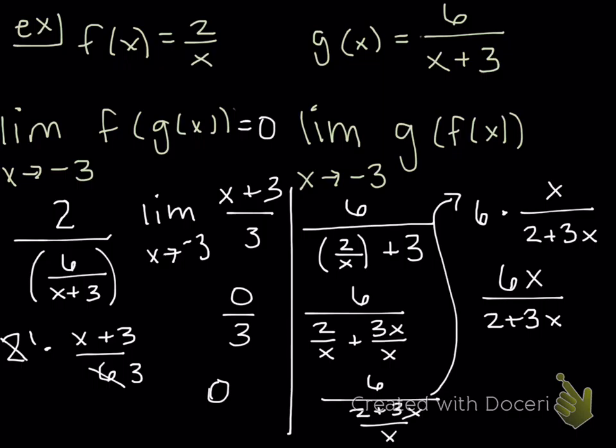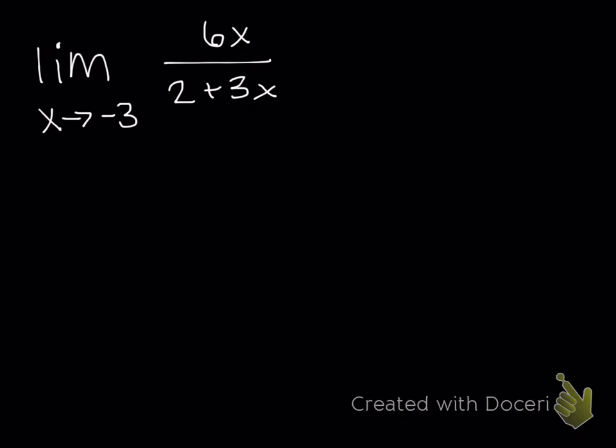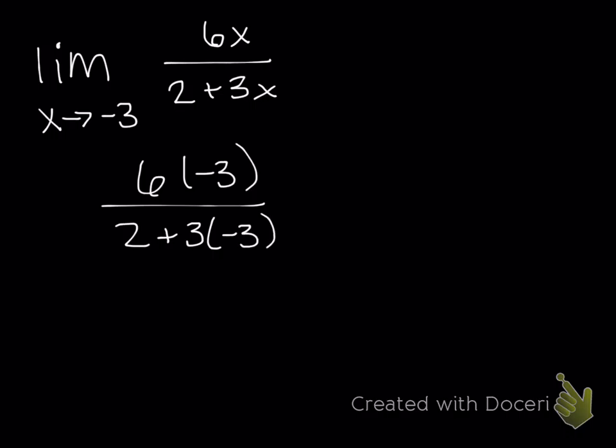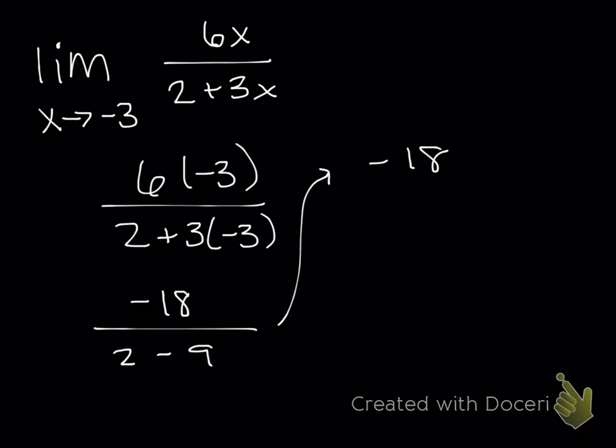Now the limit is approaching -3, so I'm going to plug -3 into both of these values. I'll have 6 times -3 all over 2 plus 3 times -3. In the numerator we get -18. In the denominator I have 2 minus 9, so I have -18 divided by -7.